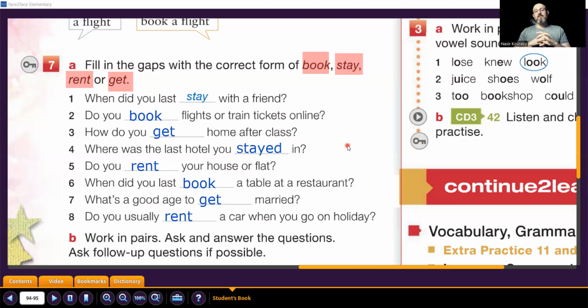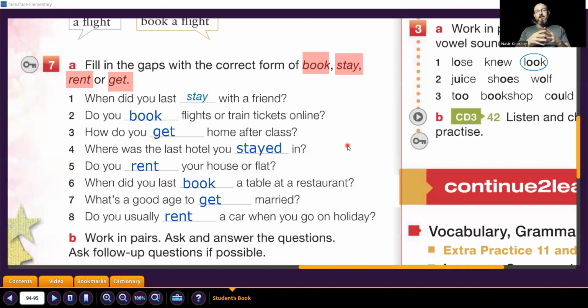Good age, for now, to be honest, for a man, it's good to get married at 30, because life is very difficult and maybe they finish university, they want to work, so they can maybe rent a house or buy a house or prepare for the wedding.